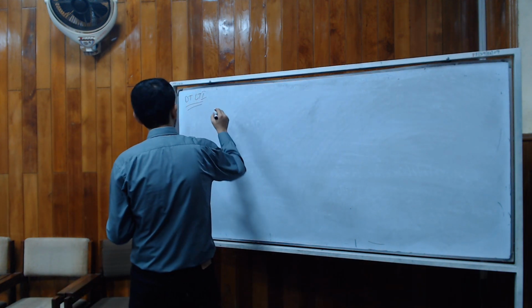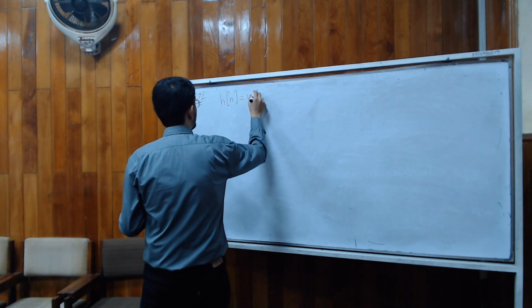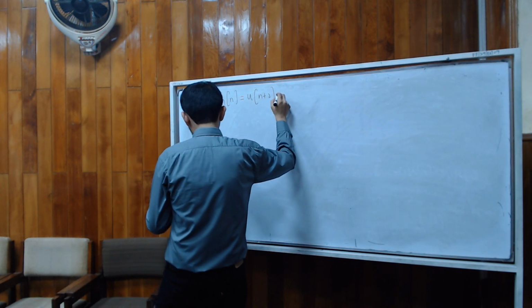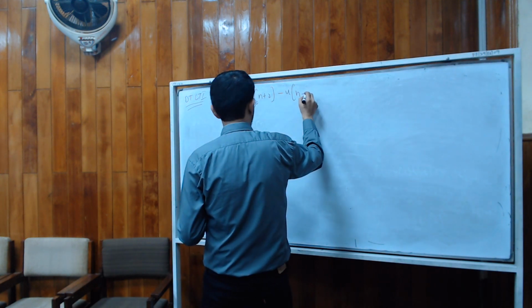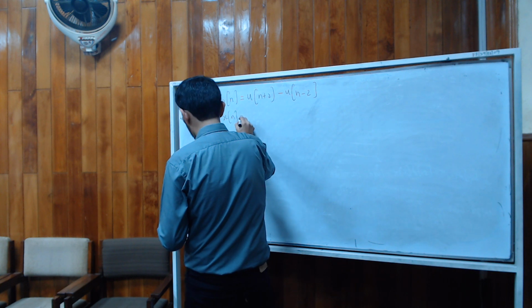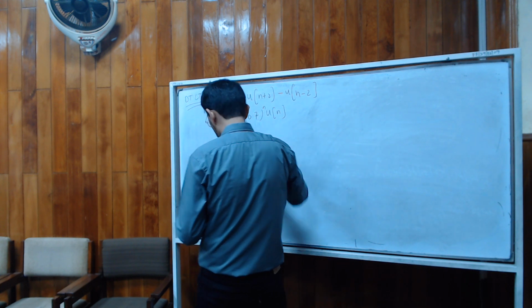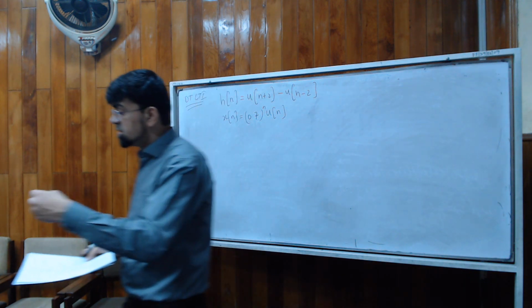You're given a DT LTI system whose impulse response is given in terms of step functions. That's fine. And we say that the input is 0.7 to the n times u[n]. Now you're asked several things.